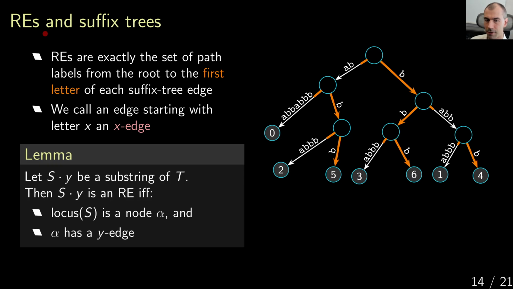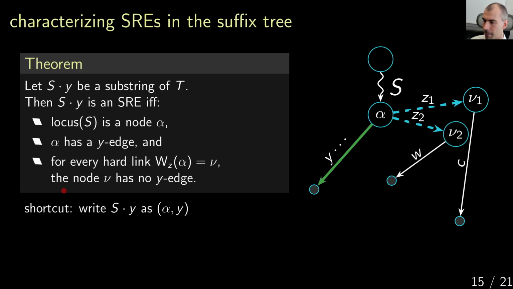What happens for SREs? It's actually easy, because we can reuse this lemma. We only have to add a third condition: it is an SRE if and only if for each hard link going from this node alpha to some node nu, we check that nu has no y edge.